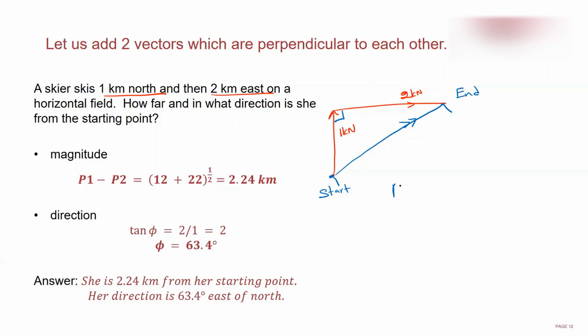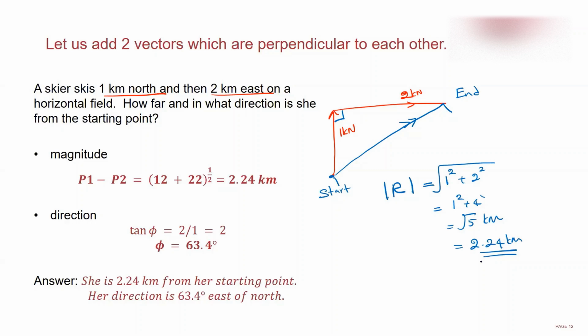If I write the resultant as R, the magnitude of the resultant displacement is equal to the square root of 1 squared plus 2 squared. We use the Pythagoras theorem to find it. That is root 5 kilometers, which means 2.24 kilometers.